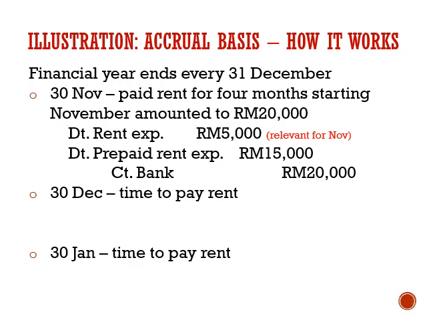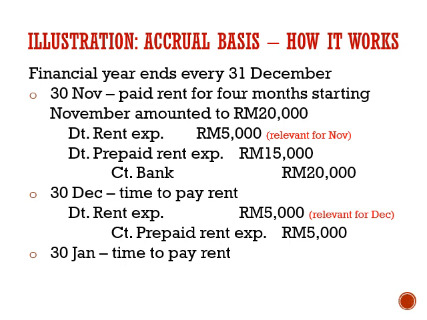On 30th of December, when it is time to pay rent for December, there will be no outflow of cash from the bank since we already made the payment earlier in November. So for December, we simply utilize the prepayment by taking out from prepaid rent expense and transferring that to the rent expense account. At this point, we still have a balance of 10,000 worth of prepaid rent.